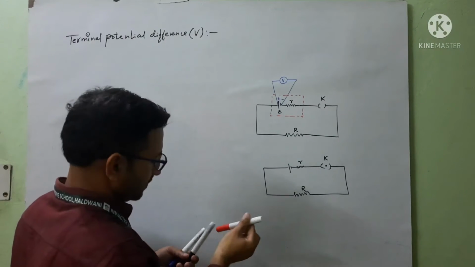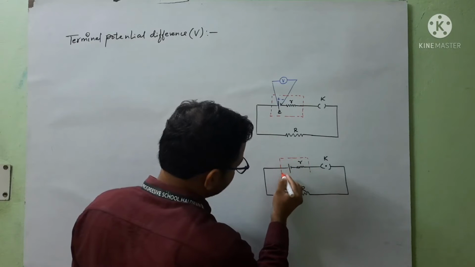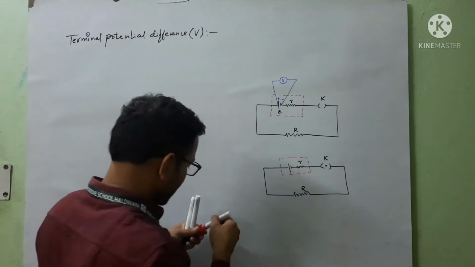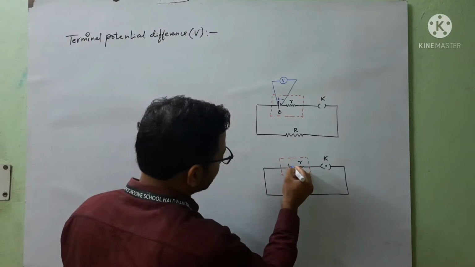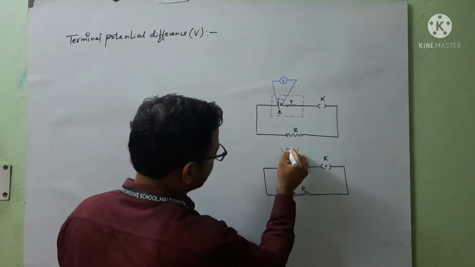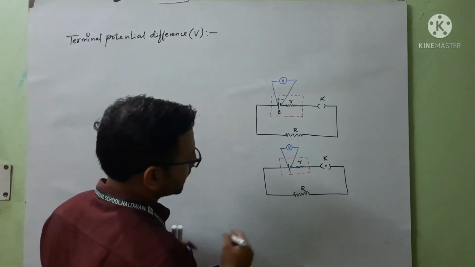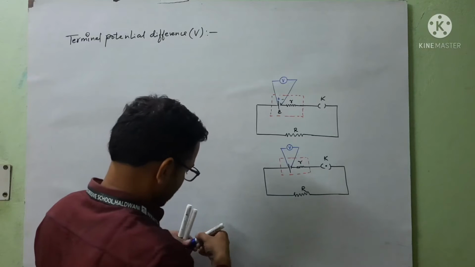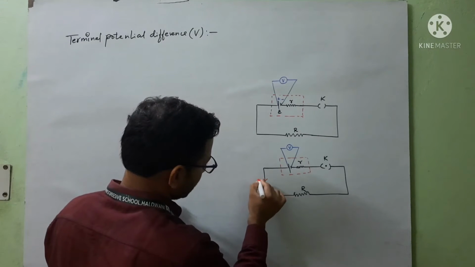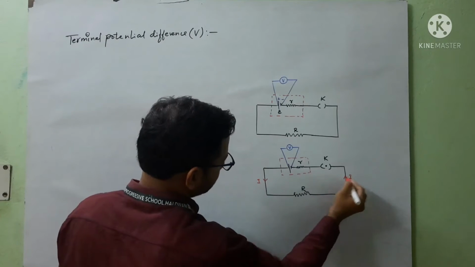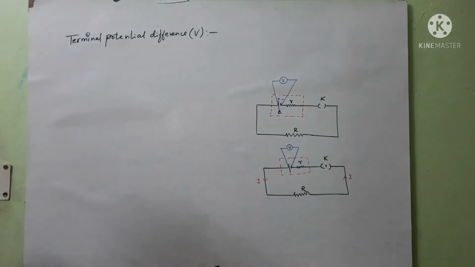Now again we will see the separate region. You can draw this diagram many times. So here the current is drawn like this, like this. Got it? Now diagram 1, diagram 2.